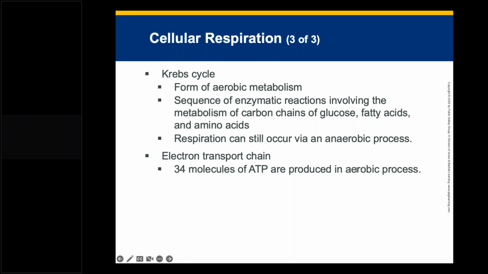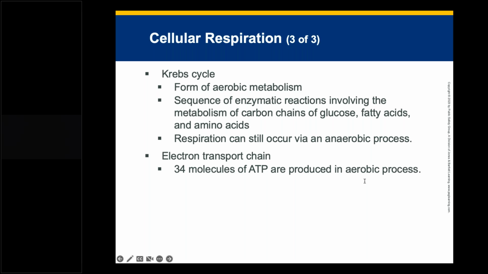Glycerol and amino acids are broken down into pyruvic acid. Okay, this is how the breakdown actually works. After glycolysis and the Krebs cycle have occurred, a total of 4 molecules of adenosine triphosphate have been produced.